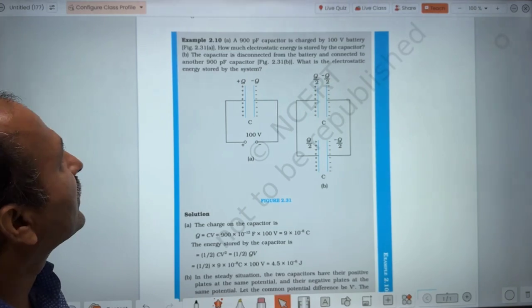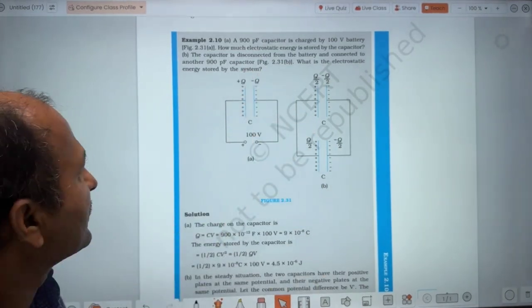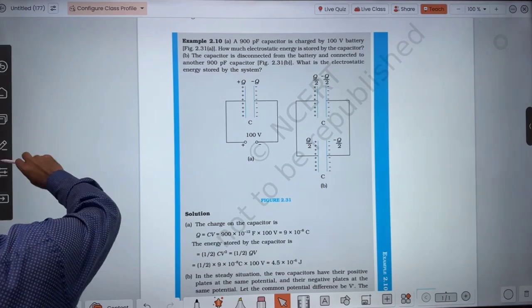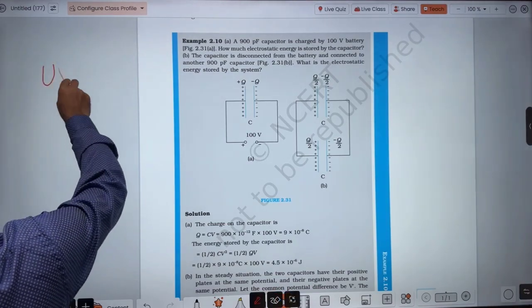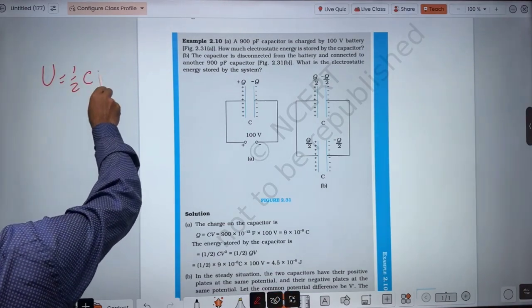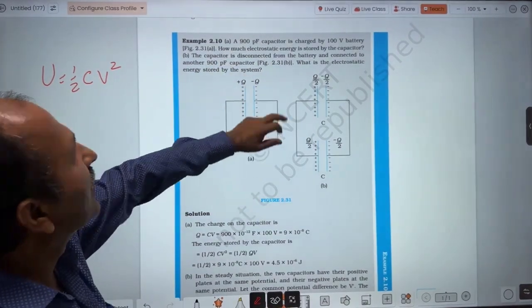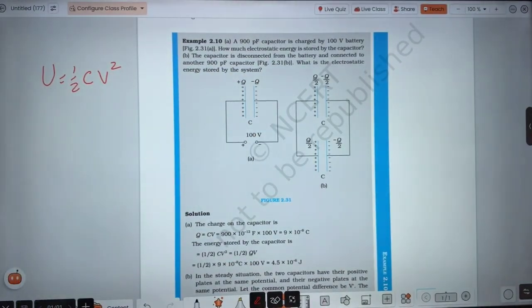How much electrostatic energy is stored by the capacitor? So this is the first part. And recently you have studied that energy stored is given by half CV square. Capacitance is given, voltage is given. So you can easily evaluate. So this is the first task.